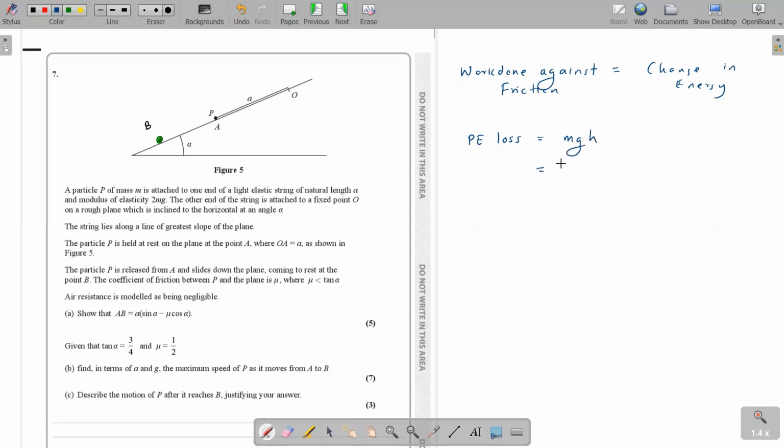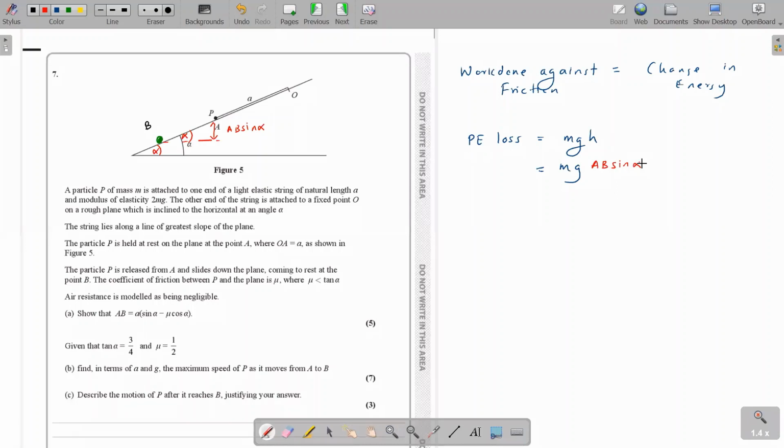Mass is m, and h is the vertical height. The vertical height is AB, and this alpha comes here, the same alpha over here. So h is AB sine alpha.